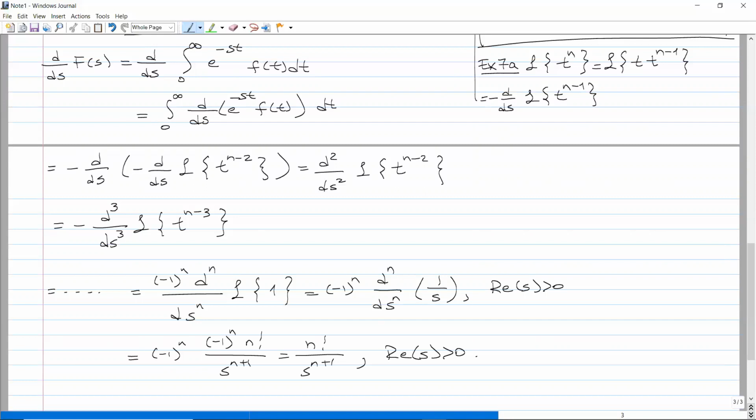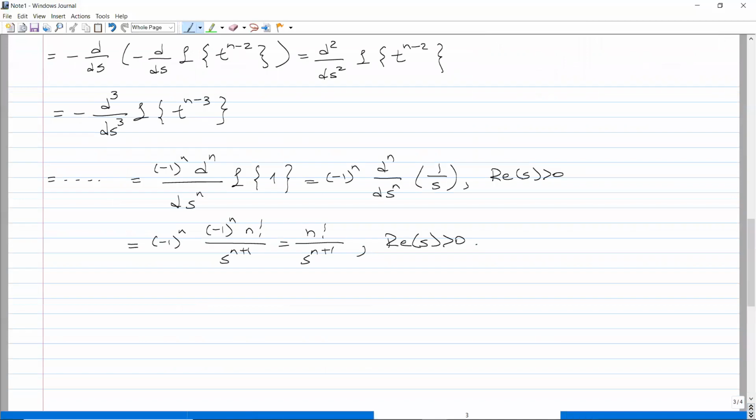So maybe another example. Now, example 8. Again, this idea of the Laplace transform of multiplication by t. What is the Laplace transform of t squared cosine 2t?